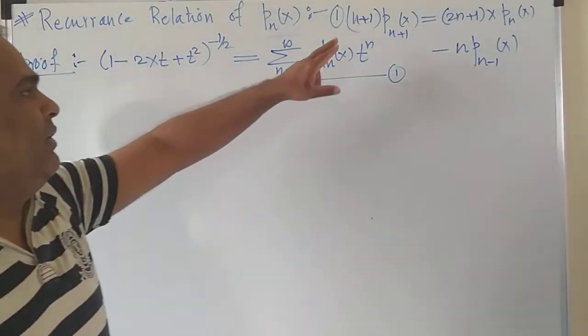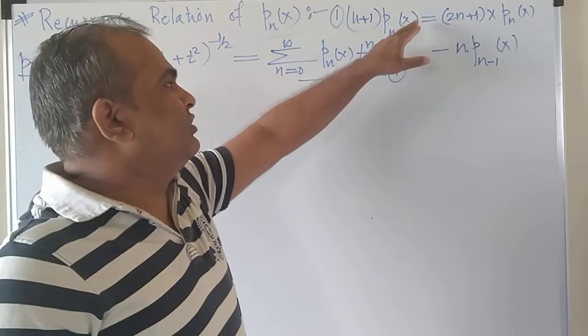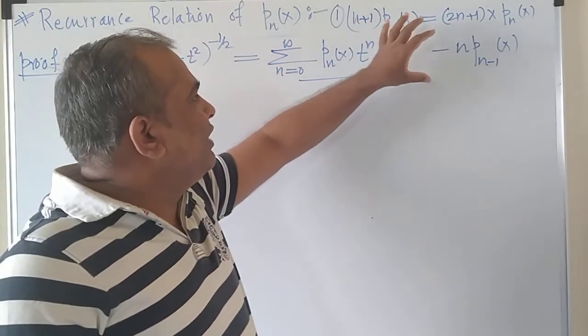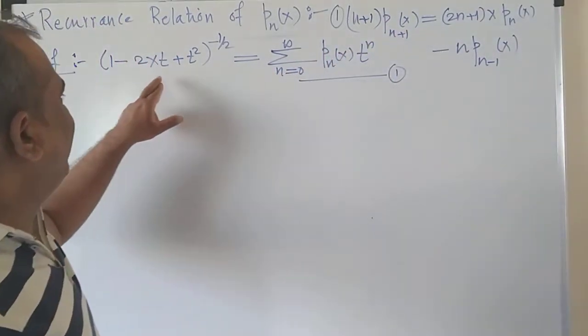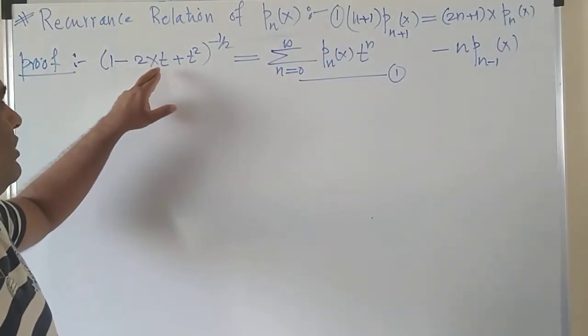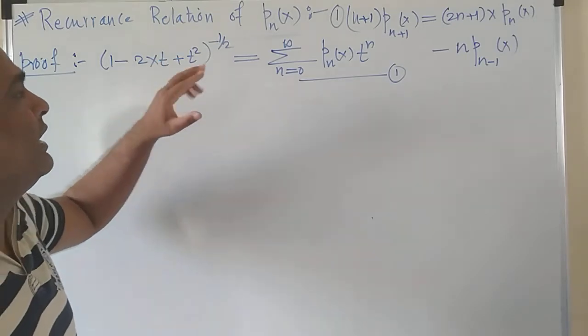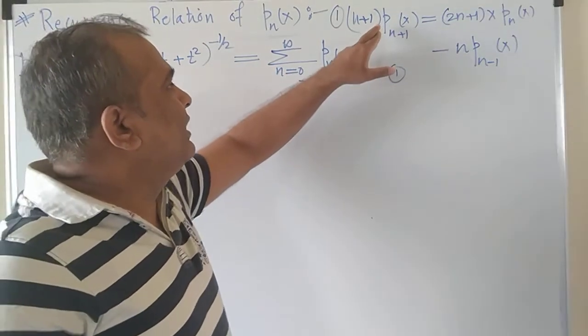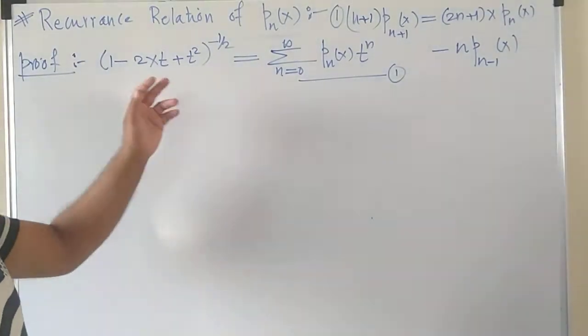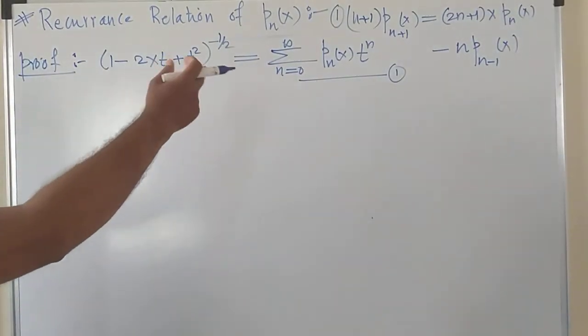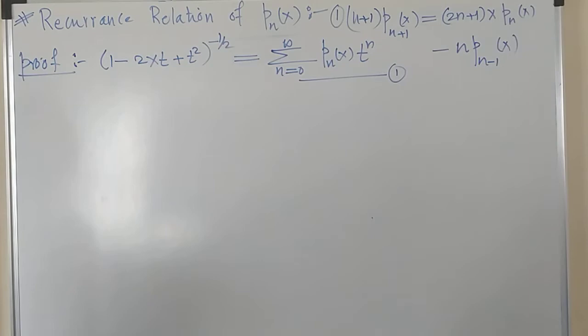Now here you are having n plus 1 Pn of x. Whenever you observe such a case in a problem, always take the differentiation of this equation with respect to t. If you find P dash of x, that time you have to take the differentiation with respect to x, and the next property is P dash of x.